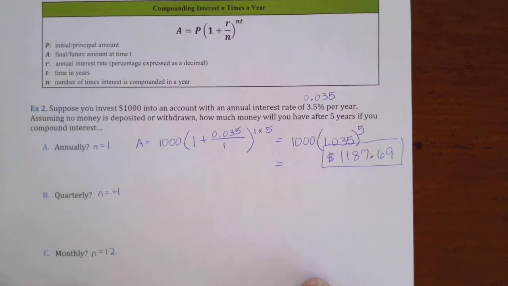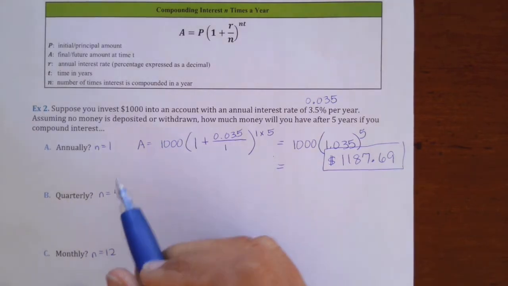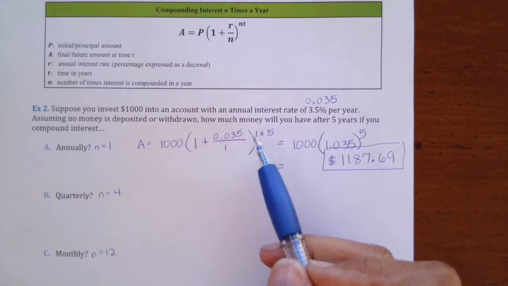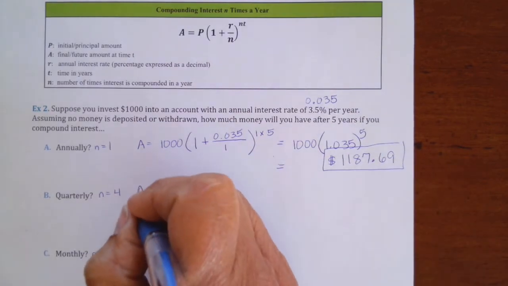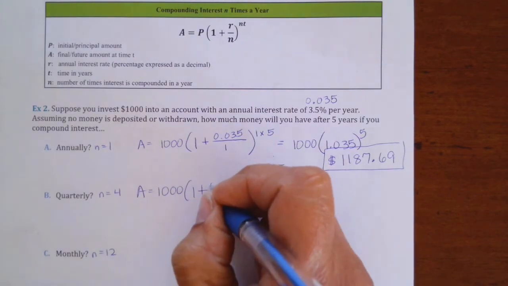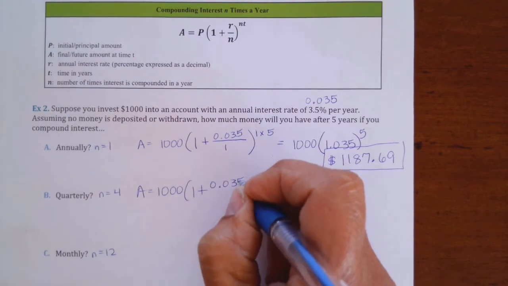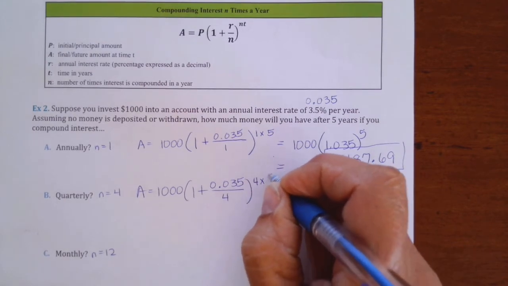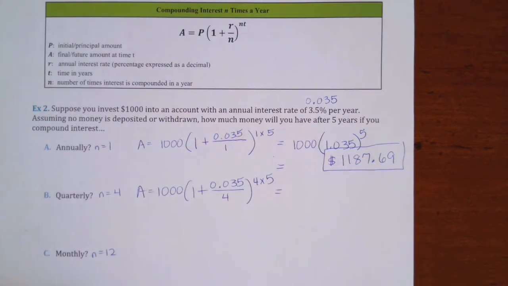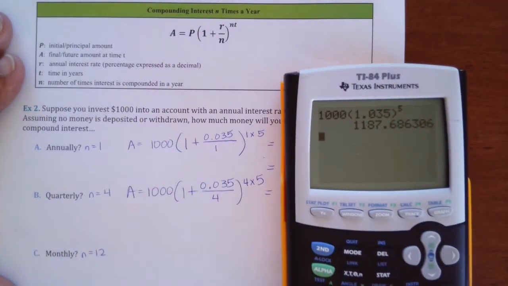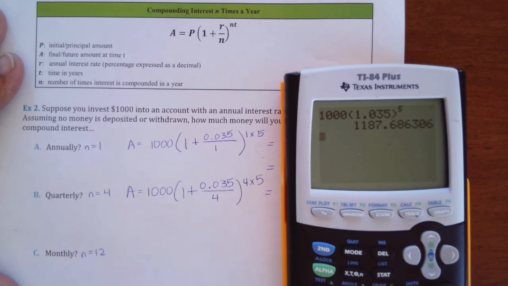All right, so we're going to do the same problem, but this time we're going to use quarterly. So we're going to put a 4 here and here instead of the 1s. Everything else will remain the same. So A equals 1,000 times 1 plus 0.035 divided by 4 raised to the 4 times 5 power. When you do this in your calculator, you can put it in just like that.